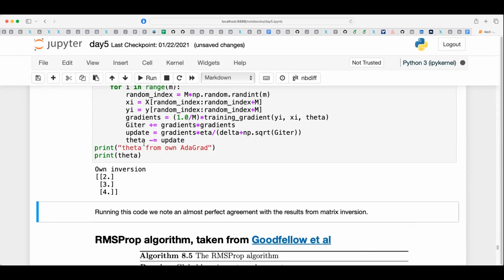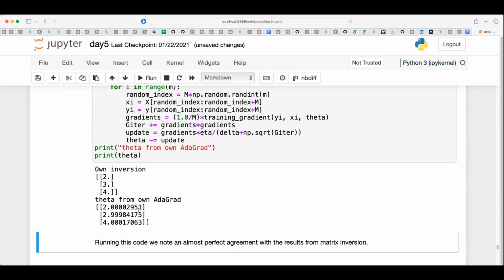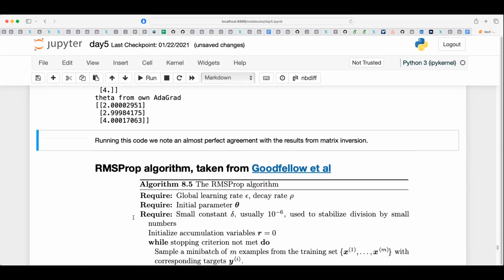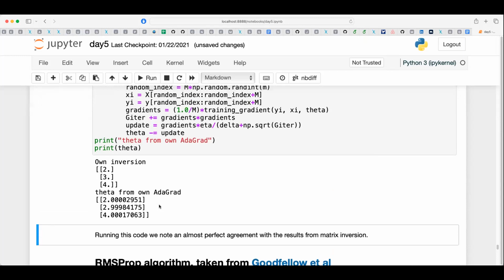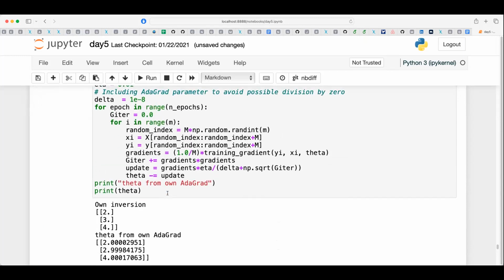These are the values which I get by plain linear regression, standard ordinary least squares. And then I get a theta value, which is basically the same, but now this has stochastic gradient descent. So I won't get exactly the same due to the stochasticity. I'm coming back to that. And I can add the momentum, as is done in this case here.